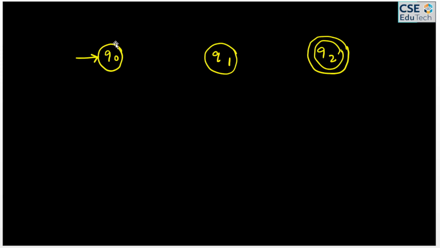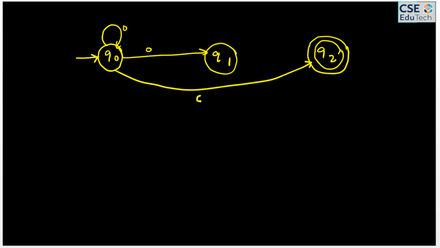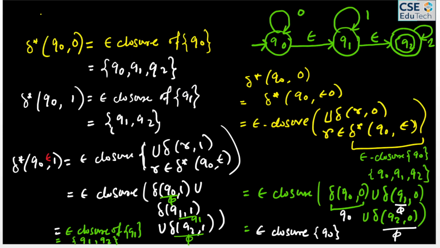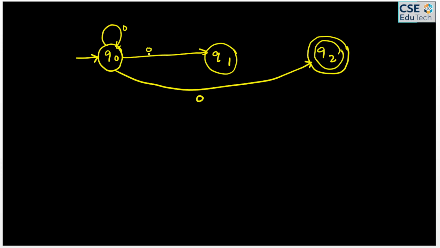So we can write here 1, you can move to Q1. From Q0, by taking 1, you can also move to Q2.